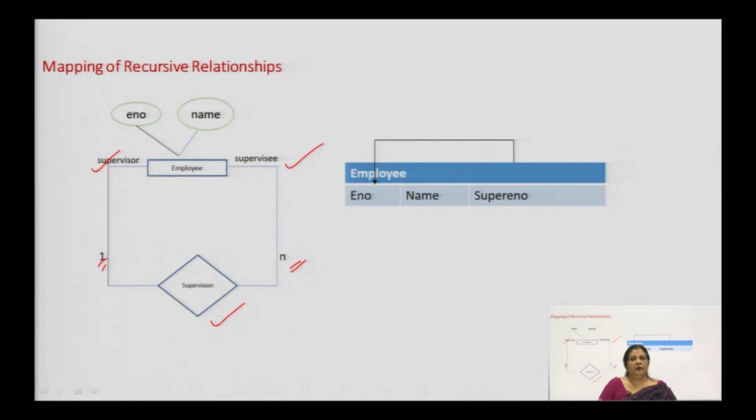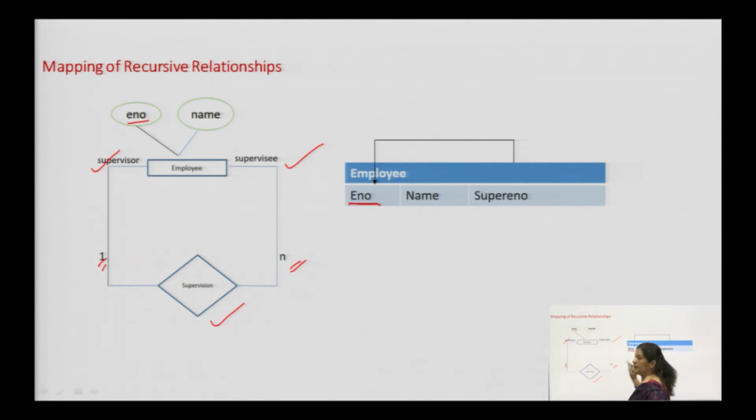So, whenever we have a recursive relationship, because a recursive relationship is a relationship between the same entity type, in this case we will have employee with its attributes ENO and name.